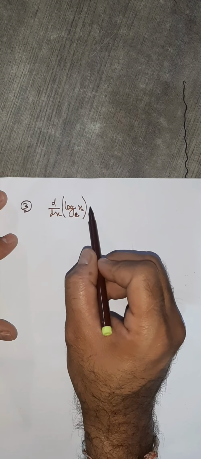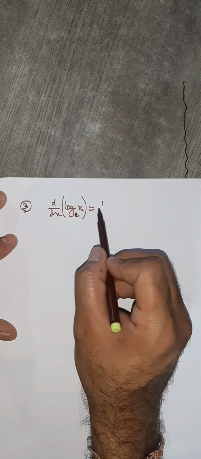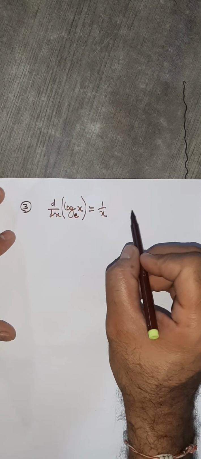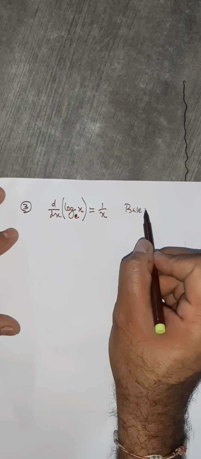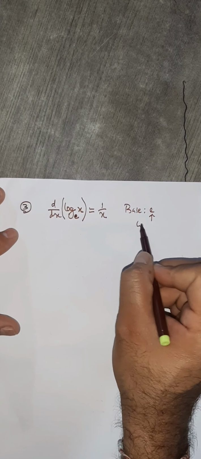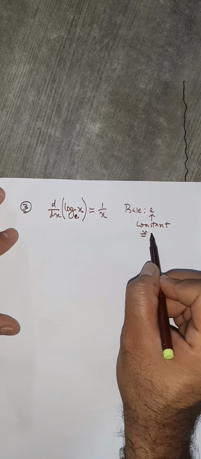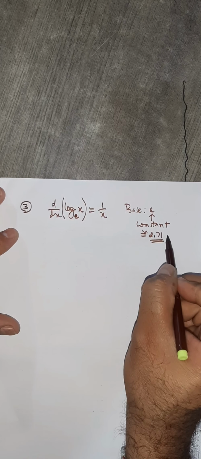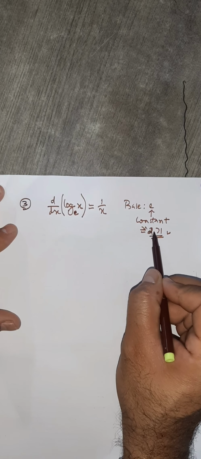You might be knowing e is a constant like pi. So derivative of log x is 1 upon x, right? Every log has a base. So here base of the log function is small e. This is a constant. You might be knowing constant with approximate value 2.71. It's like pi. You know pi is 3.14. Here it is 2.71.